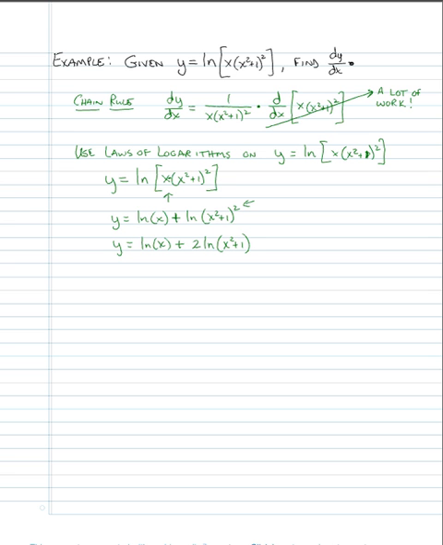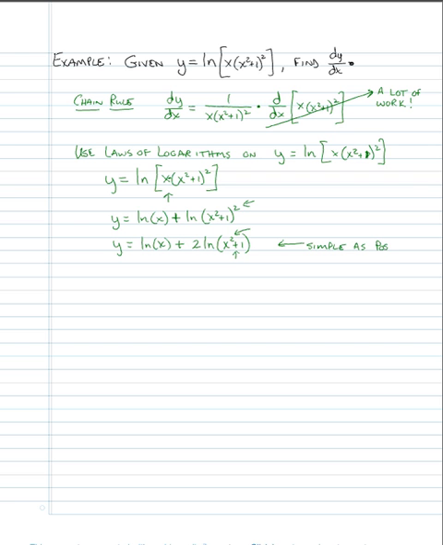Now, unfortunately, we can't simplify any further because that square is not on the argument. It's only on part of the argument. And it has to be on the whole argument to bring it down and put it in front. And this plus sign keeps us from breaking that apart, doesn't it? Because we don't know how to deal with a logarithm of things that are being added or subtracted. So right now, this is as simple as possible.